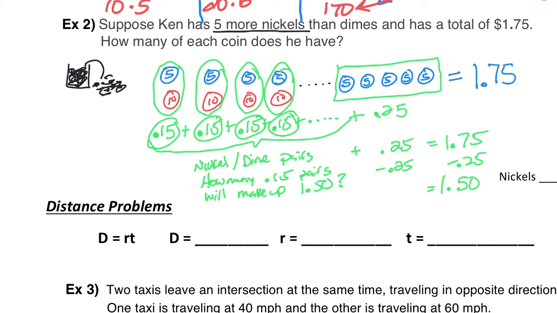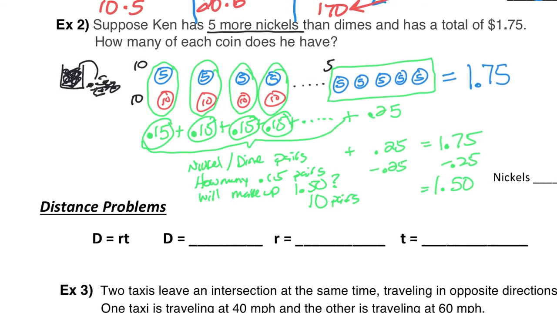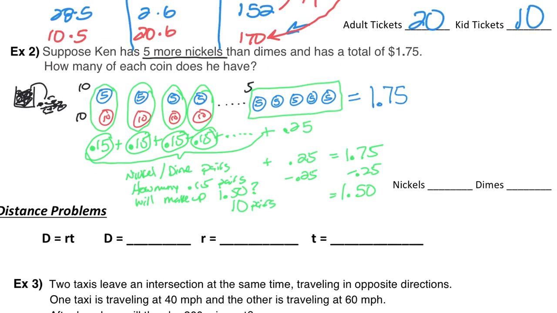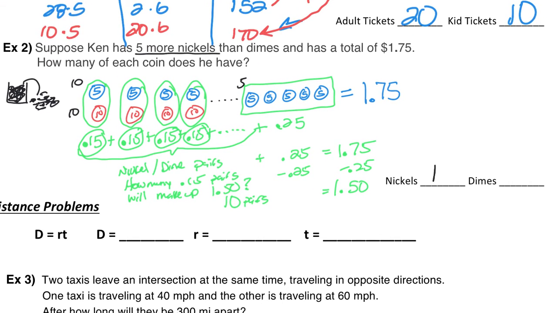To get $1.50, we need 10 pairs. So that means we have 10 nickels, 10 dimes that are paired up, plus 5 extra nickels. That gives us a total of 15 nickels, 10 dimes.